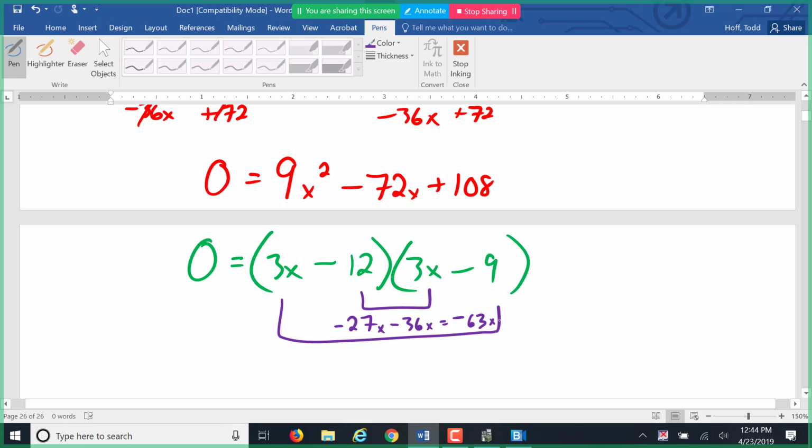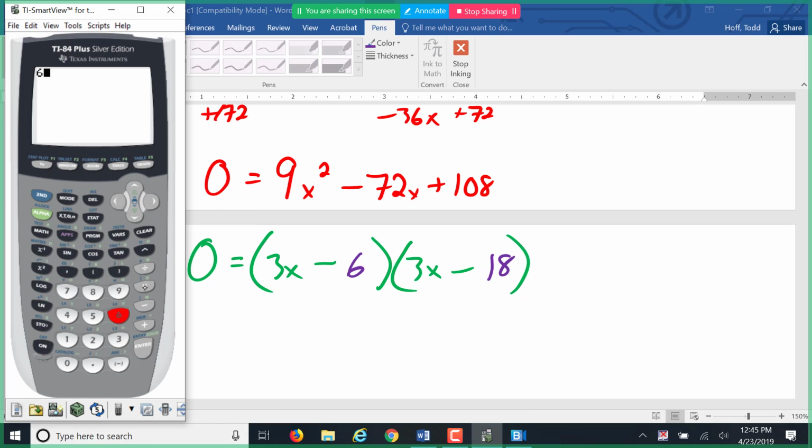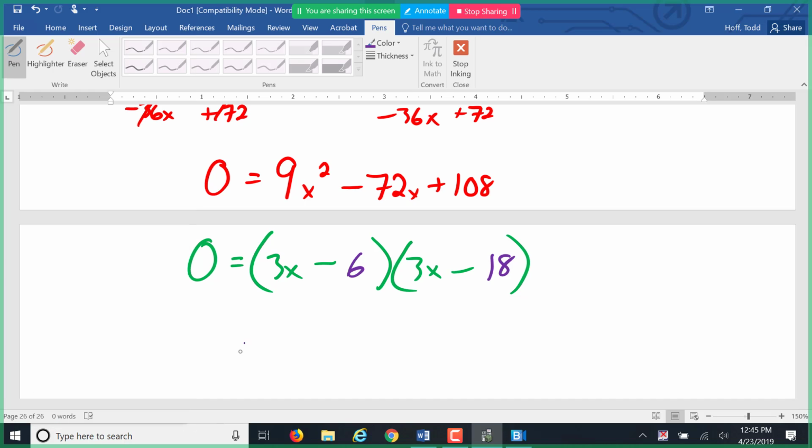Sorry for that. Negative 63x. That's still not what we want. So we might try 6 and 18, see what that does. Make sure 6 times 18 gives us 108, and it does.